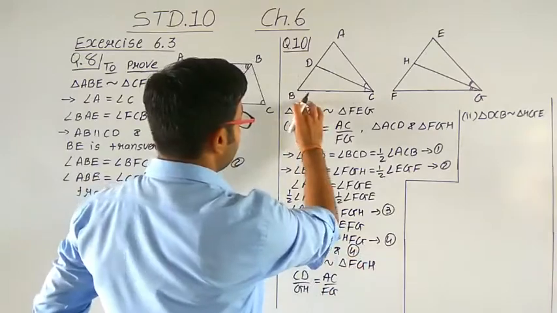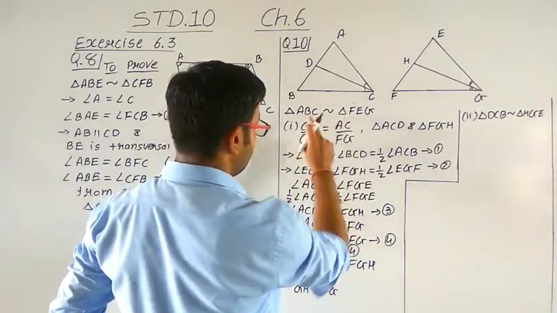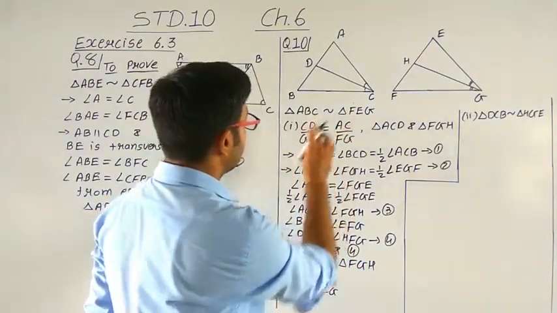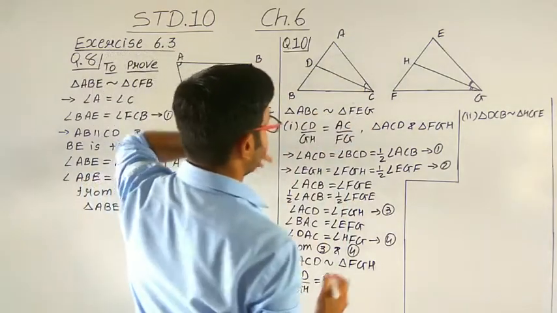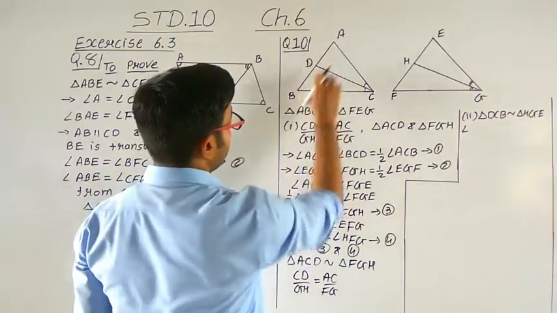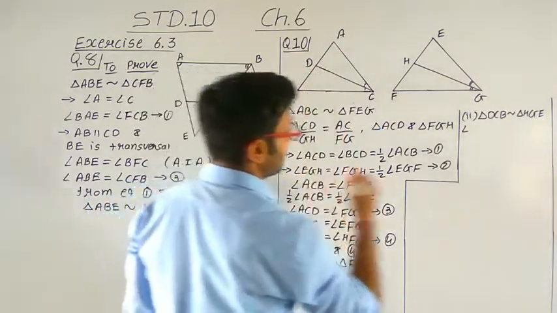See, angle B and angle E we have already proved equal here. As these two triangles are similar, we can write angle B as angle ABC, but now here we can write it as DBC, right?